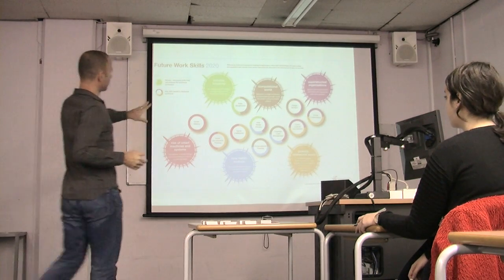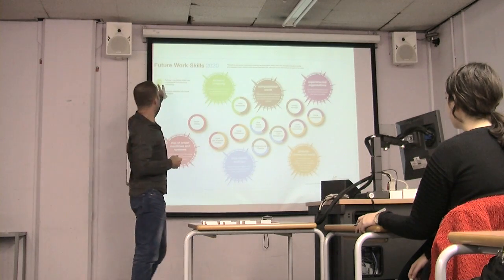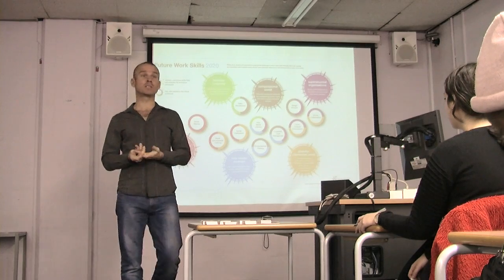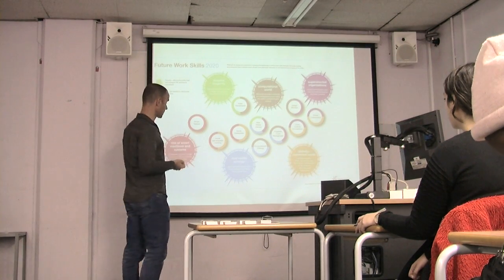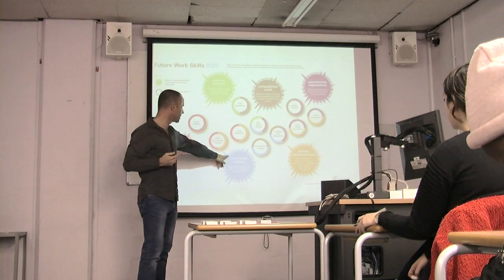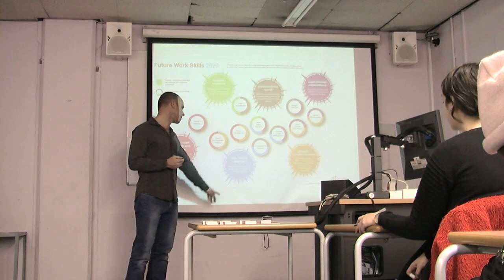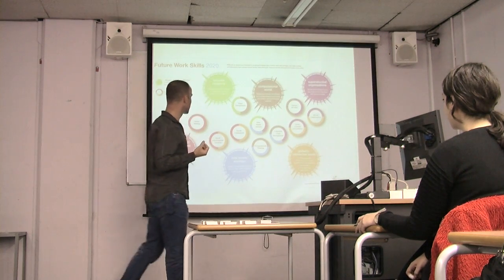I've just put this here, you probably can't see it either, I'm afraid, it's very small. But it's a report about future work skills, talking about the kind of skills that will be needed for 2020, and in fact really are already needed. And we have things like new media ecology, so new communication tools require new media literacies, and we've talked about media literacies already.